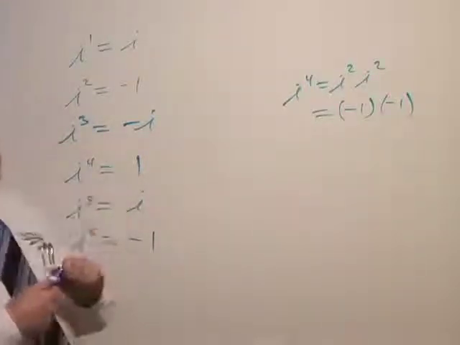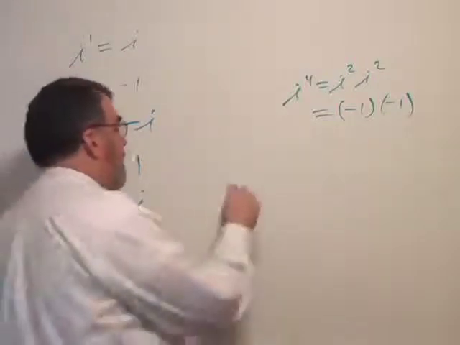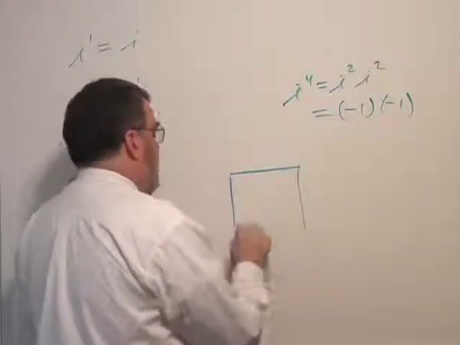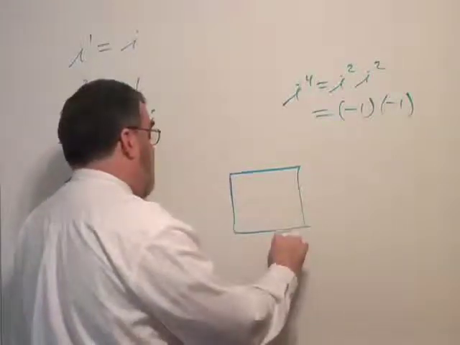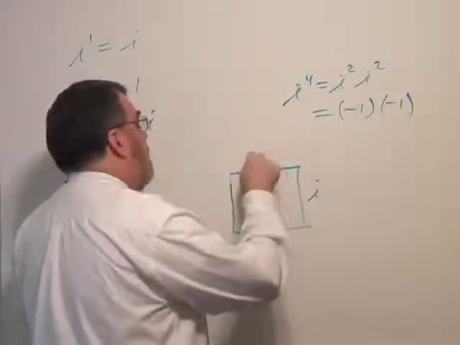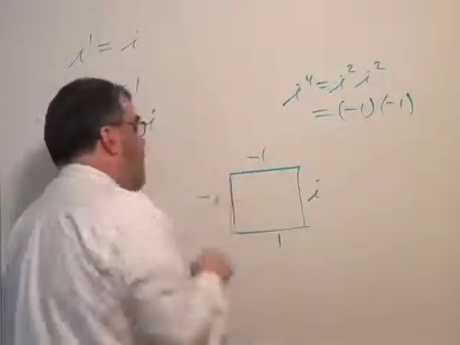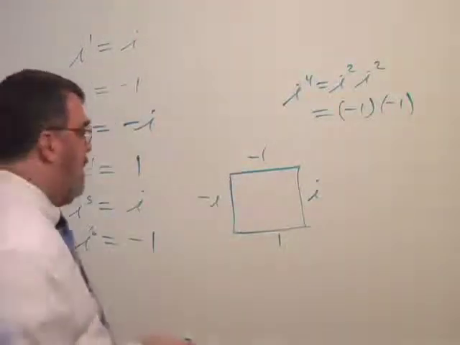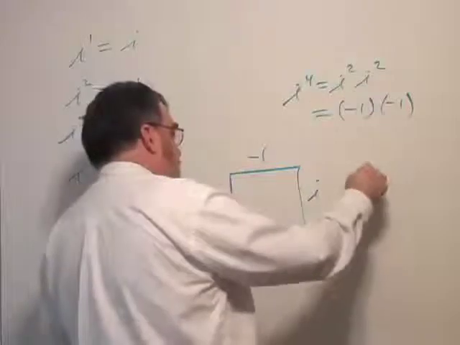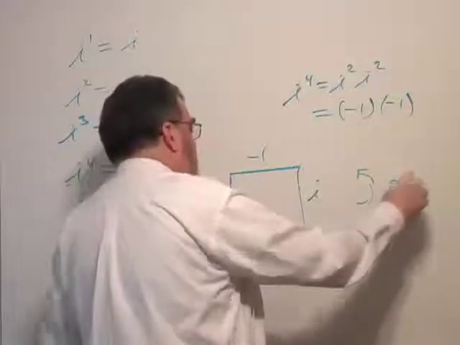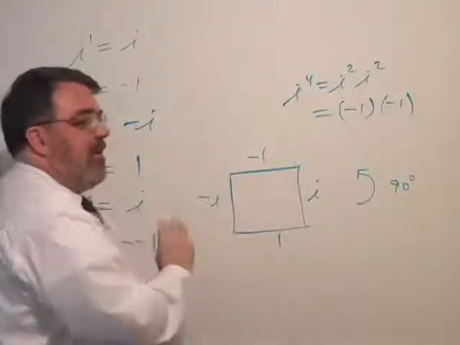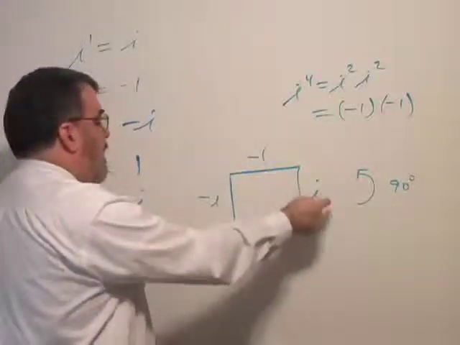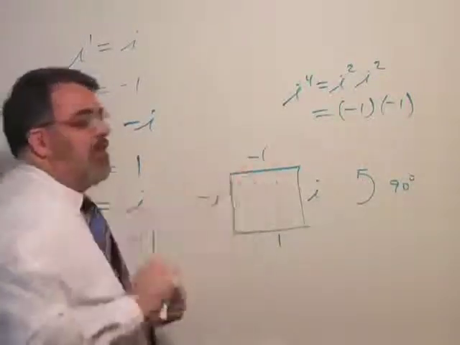You can actually use this to represent something like a square. So here I've got a square, and I'm going to label the sides in order: 1, i, negative 1, negative i. And if I rotate this square by 90 degrees counterclockwise, if I just spin it this way, then 1 turns into i turns into negative 1, and so forth.